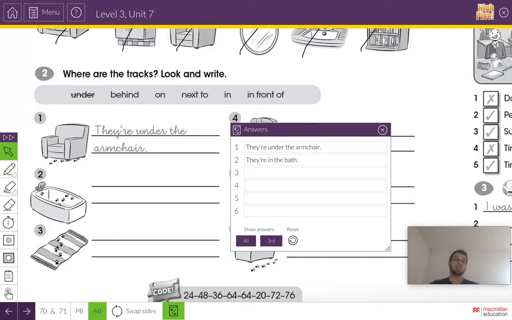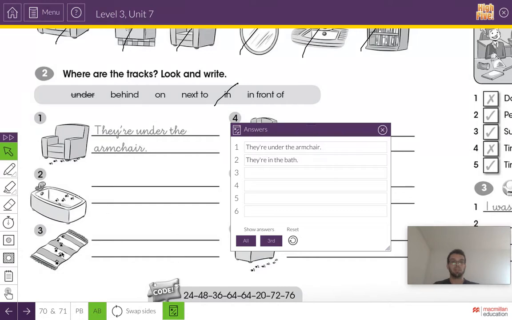Now, number 3. Where are the tracks? Okay. Do you remember this thing? This is a mat. Okay. Oh, and I'll just get rid of this. All right, so this is a mat. So where are the tracks? Are they behind the mat, on the mat, next to the mat, or in front of the mat?